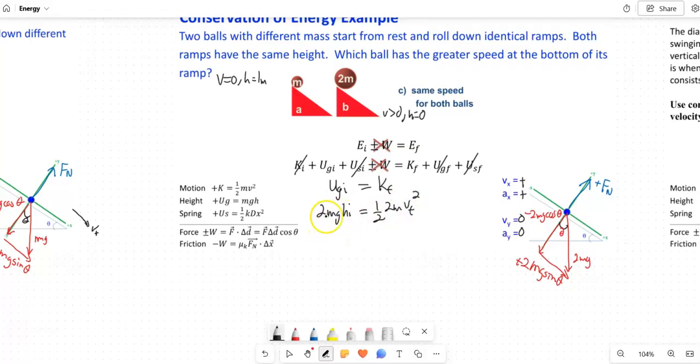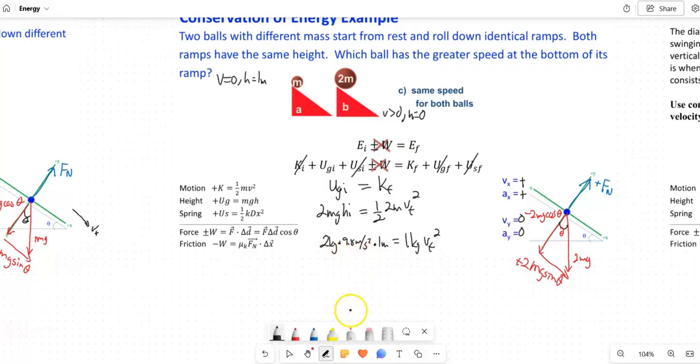Okay. Now, if we said m is 1 kilogram, 2m is going to be 2 kilograms times g, which is 9.8 meters per second squared, times 1 meter. This is going to be 1/2 times 2 kilograms, which is going to be 1 kilogram, v final squared.